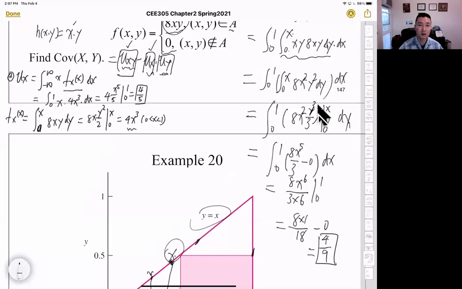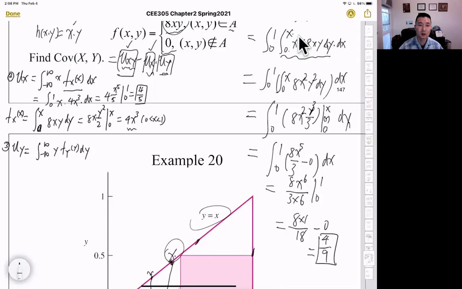Okay, the next one is gonna be the mu y, the mean value for y. So third step we get mu y, very similar to mu x. So mu y is the integration of y times f(y), dy.